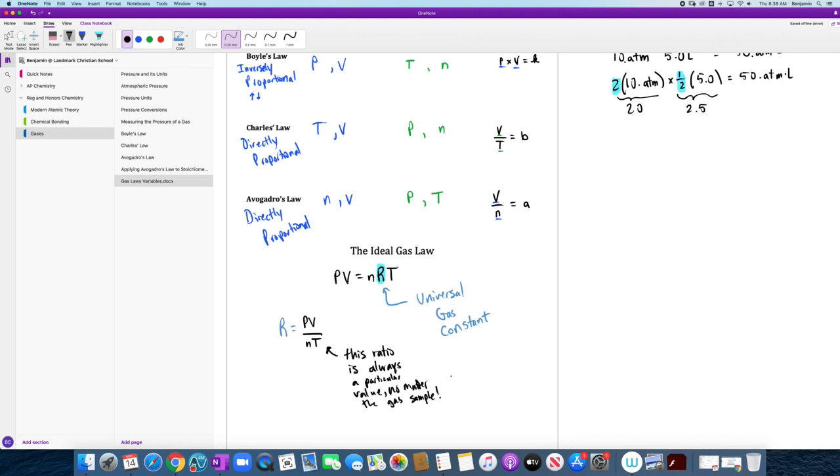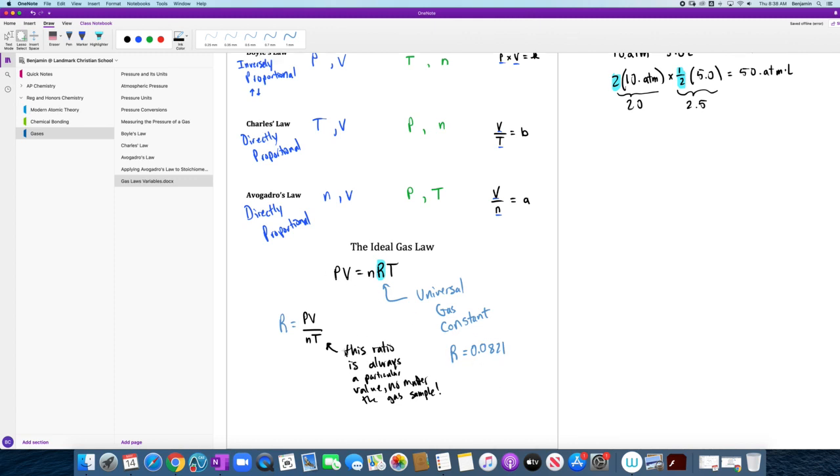It equals, R equals a particular value, 0.0821, and it also has some particular units. You have to use some particular units when you're measuring these variables, but when you do measure them in atmospheres and liters and using the Kelvin temperature scale, we get atmospheres, liters over moles and Kelvin.